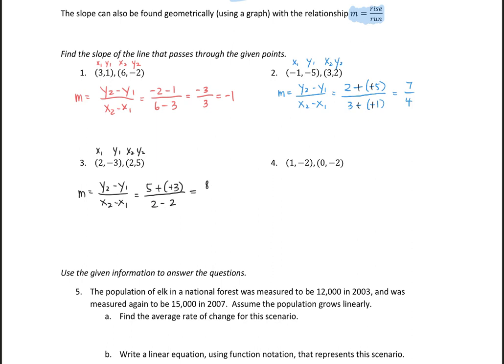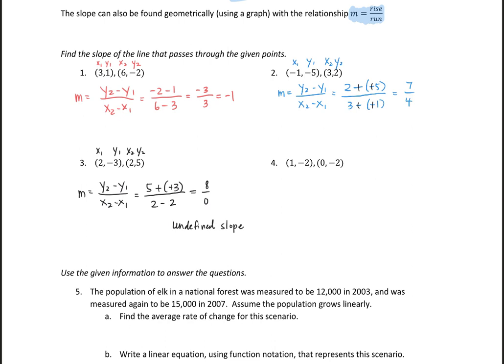So that's going to end up being 8 over 0. Remember that you cannot divide by 0. That is undefined. So in this case, you have an undefined slope. An undefined slope, well, let's find the last slope and then we'll talk about all the slopes.